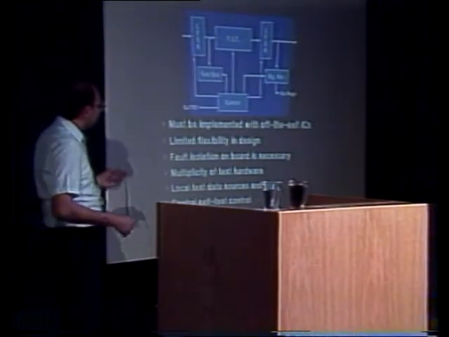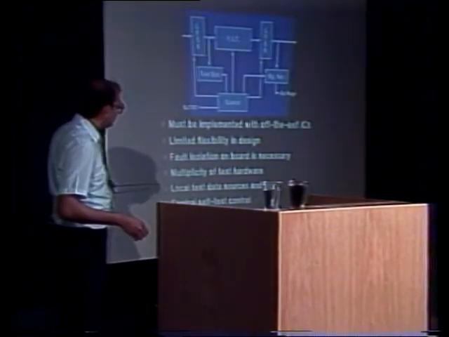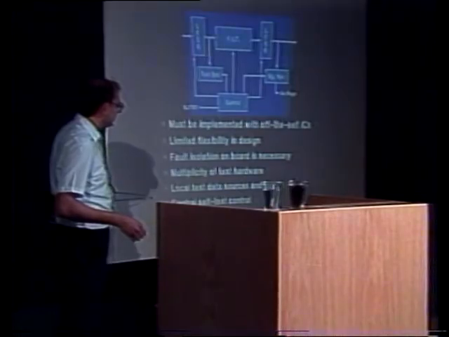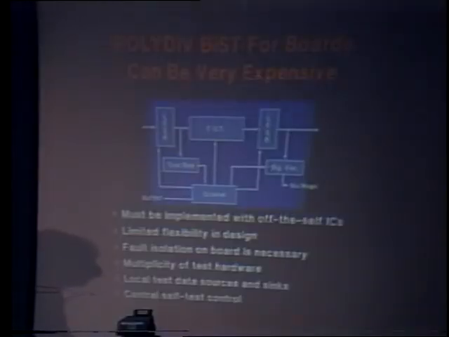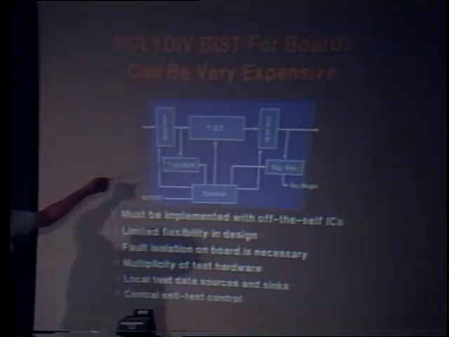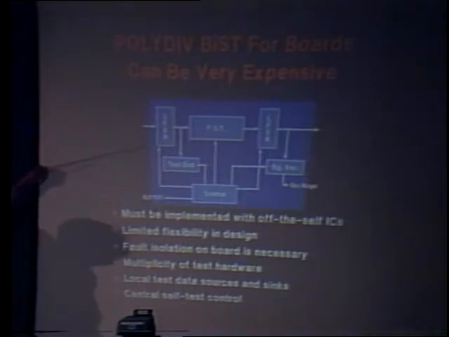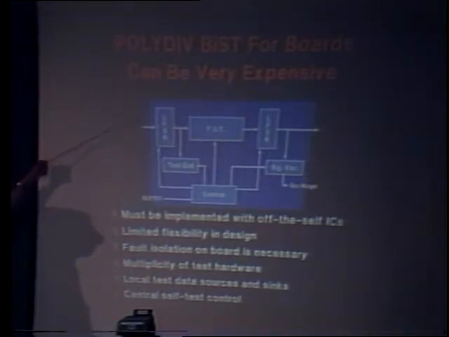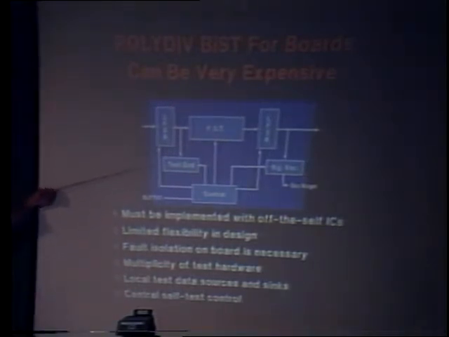So we want to do something about that. The first thing we may want to consider is localizing the test data sources and sinks and providing the self-test from a central self-test control device. If you remember, that was the last slide before the summary in Roy's presentation. What you could do is draw a line here. What is above the line is test data sourcing and sinking, and what is below the line is self-test control.